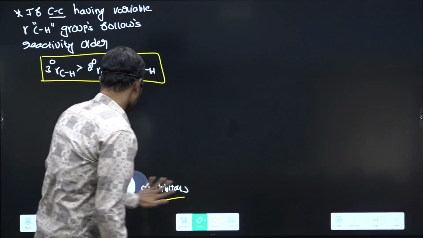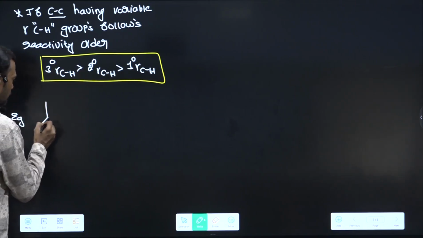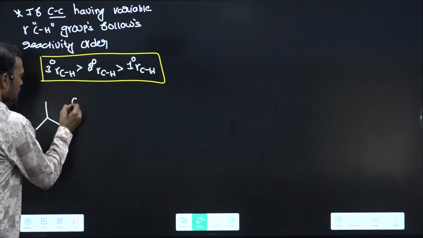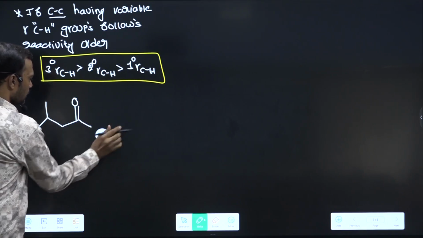If carbonyl compounds have variable gamma carbon hydrogens, they will follow the following reactivity order. This is the carbonyl group. Here I am writing R, otherwise you write Me.